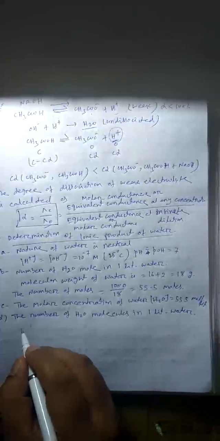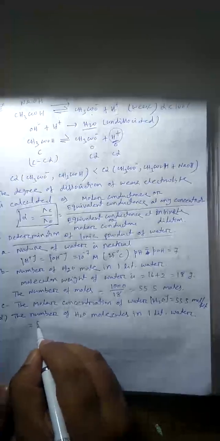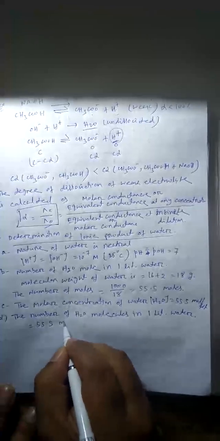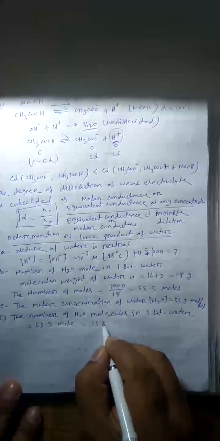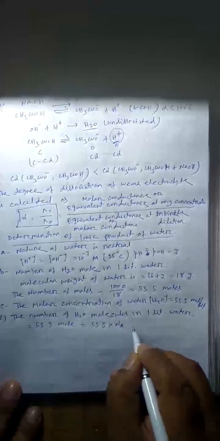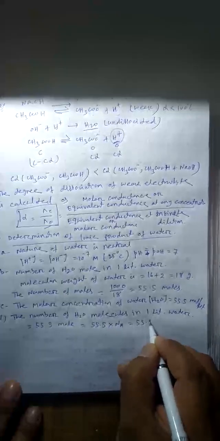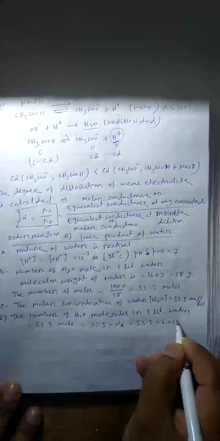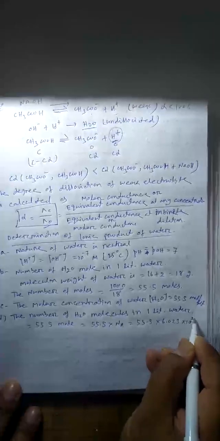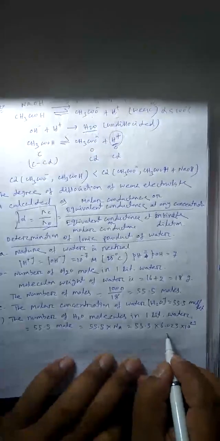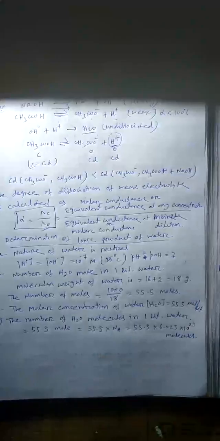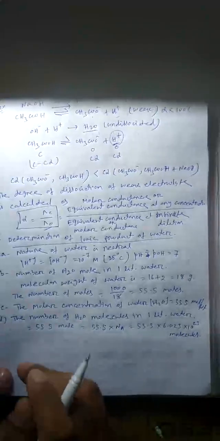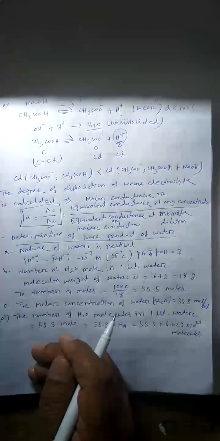We know that 1 liter of water contains 55.5 moles. 1 mole contains Avogadro number of molecules, so 55.5 into Na, or 55.5 into 6.023 times 10 to the power 23 molecules. This much molecules of water is present in 1 liter of water. That means 1 liter of water contains 55.5 moles of water.